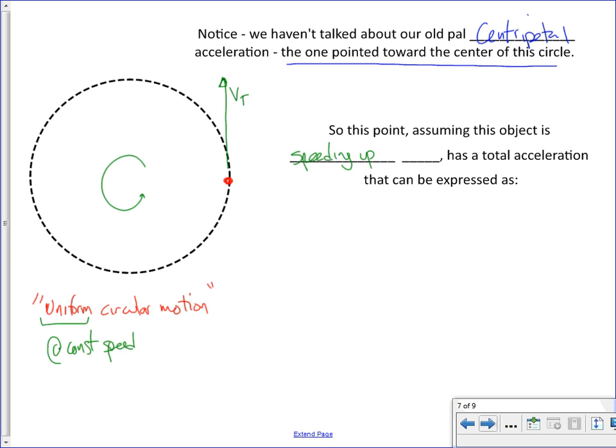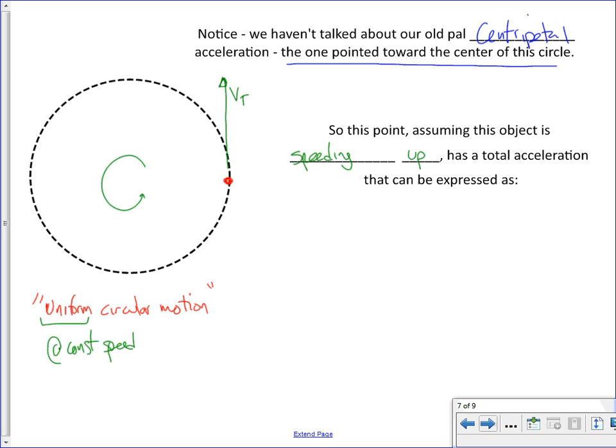So this is like a non-uniform circular motion where we have two parts of acceleration. We have the fact that this thing is both changing direction and changing speed.